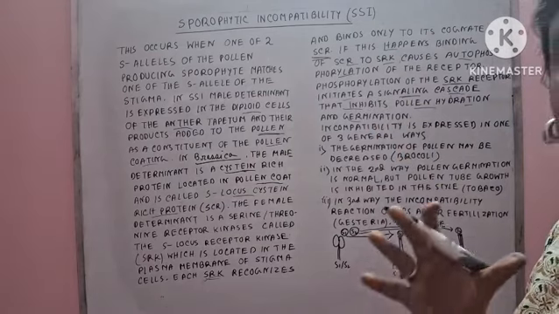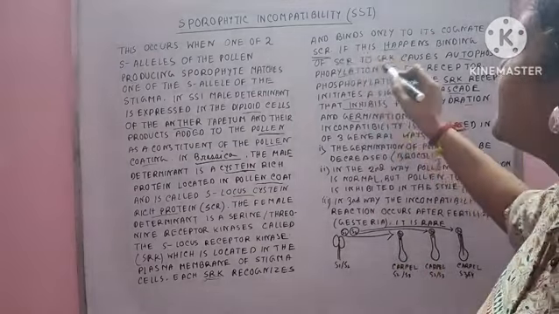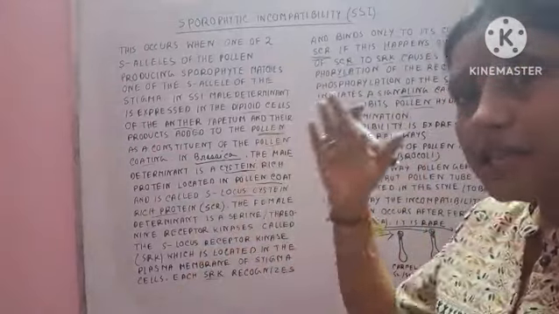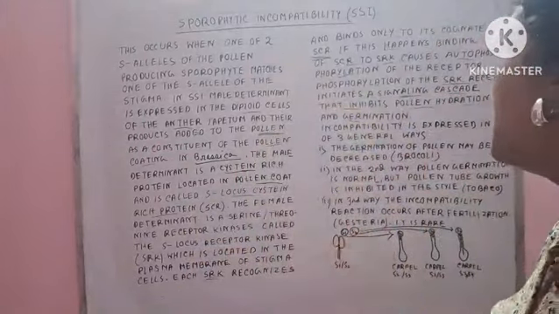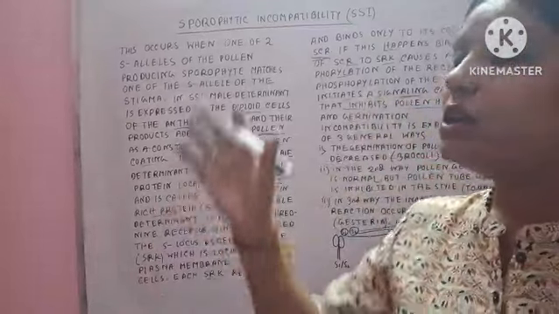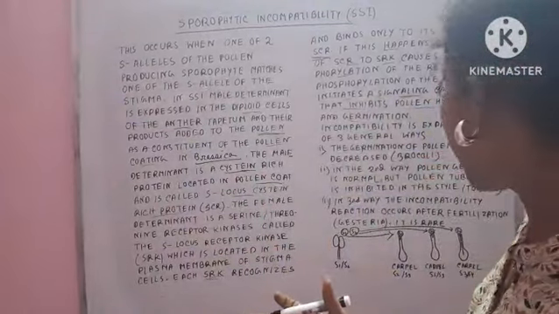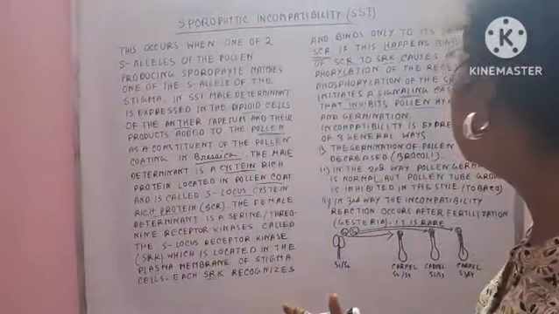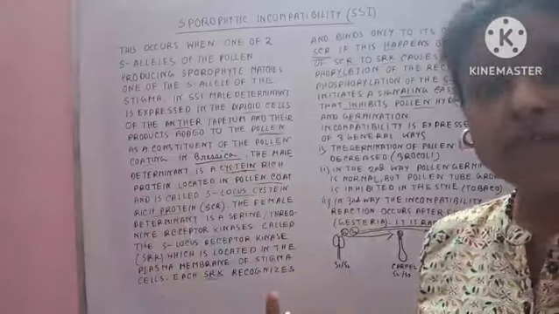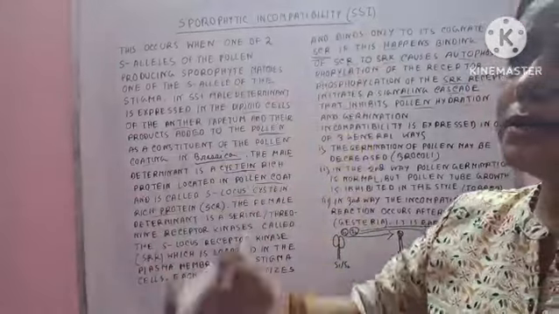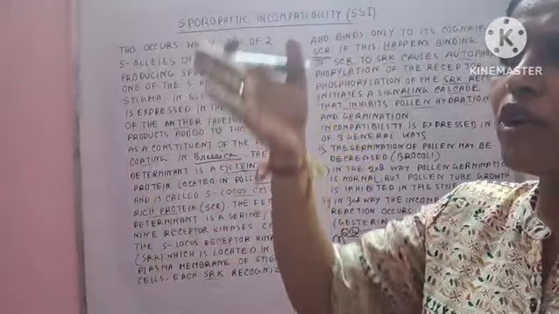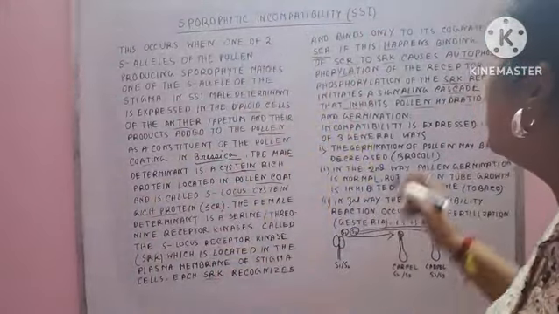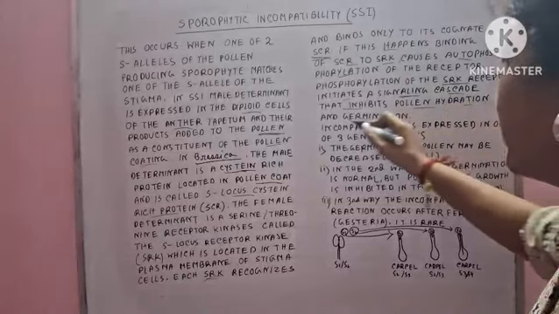The important thing here is the binding of SCR and SRK, because if they bind with each other, a signal forms and phosphorylation occurs, and this signal inhibits pollen tube formation, germination and hydration, because the pollen tube needs water absorbed from the stigma to extend its length. Clear? So this is what is happening here.